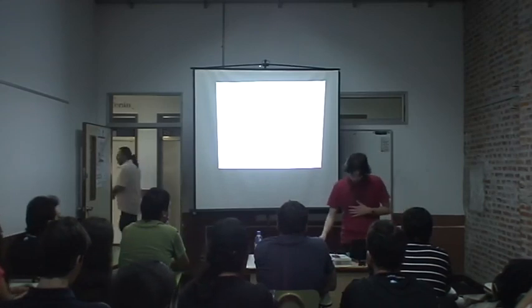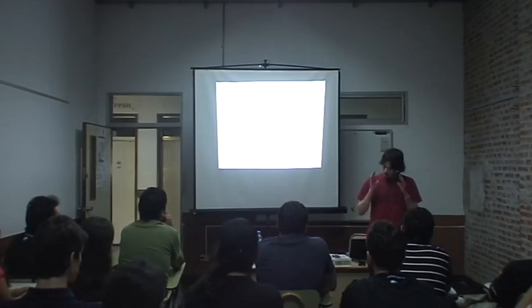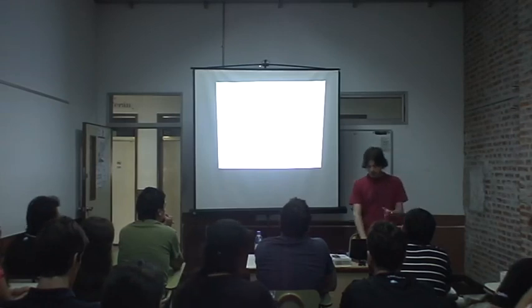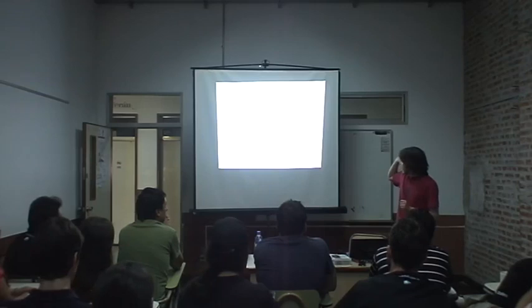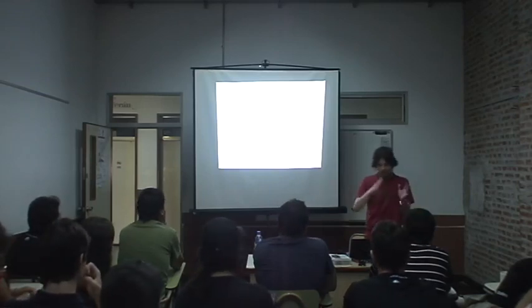So how? Well, the first thing I had to do was to define the Smalltalk subset I want to translate, because we have the entire Smalltalk image, and it doesn't make sense to translate everything in the entire image.